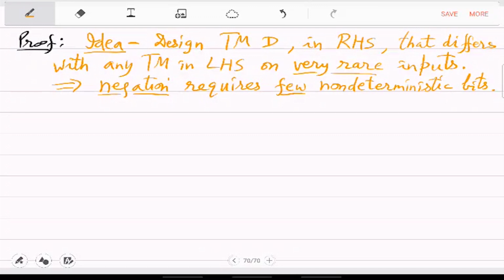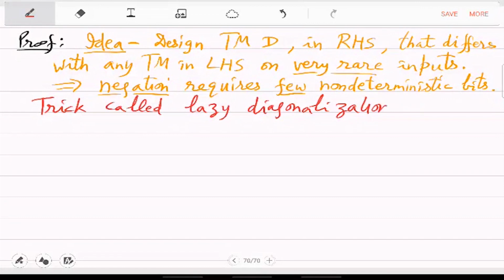So this is in fact called lazy diagonalization. It will be lazy diagonalization because it will happen after exponential steps. Like it will happen at 2, then 4, then 8, then 16, then 32, and so on. In fact, this will be even worse. It will be lazier than exponential.